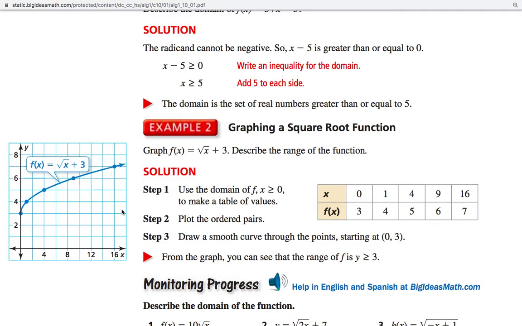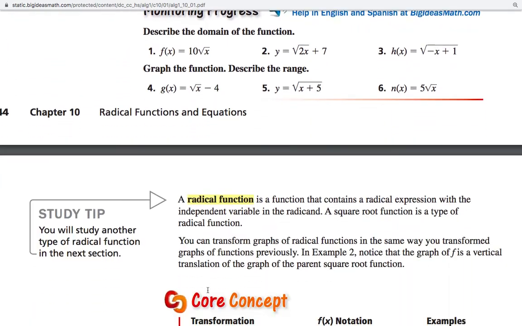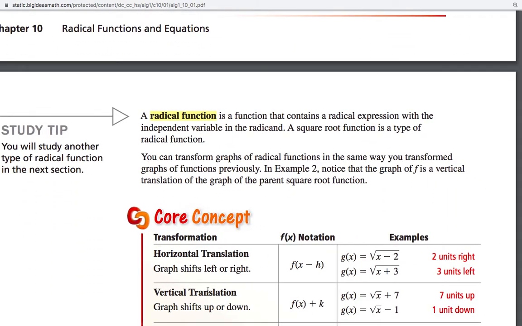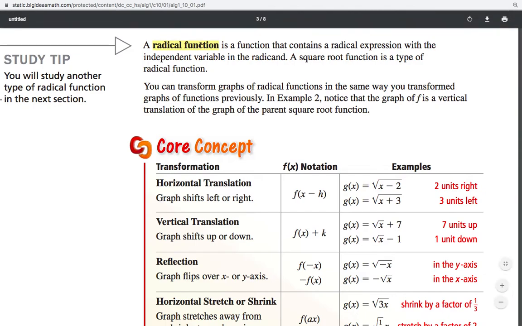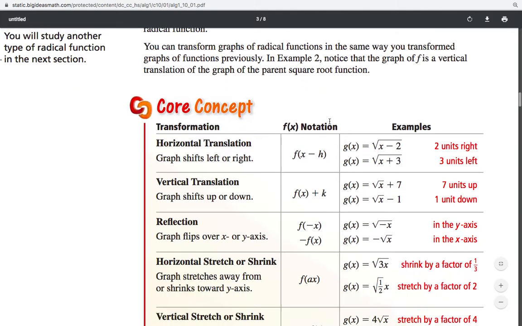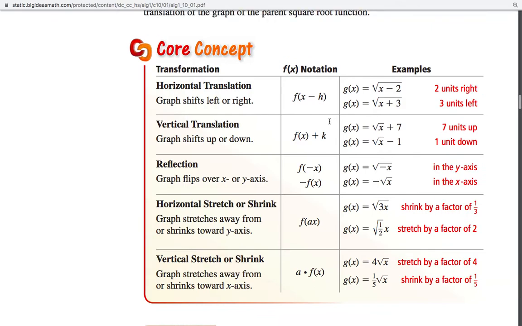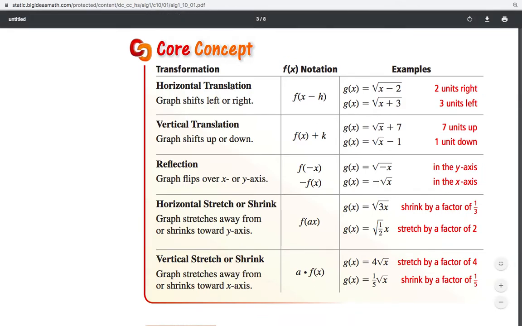So let's move down onto the next page here. A radical function is a square root function. That's what we're dealing with, our radical functions. But let's look at these transformations.